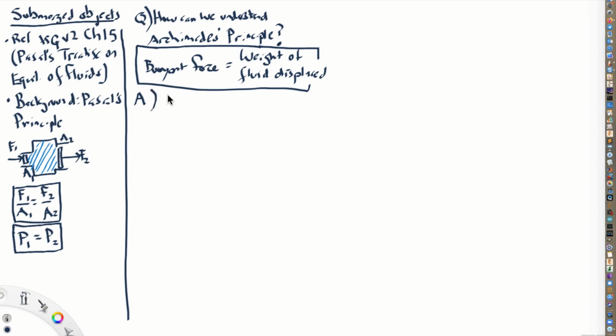And in order to understand this, you have to recognize that when you have a submerged object, the fluid in which it's submerged exerts a force on every face of the submerged object.